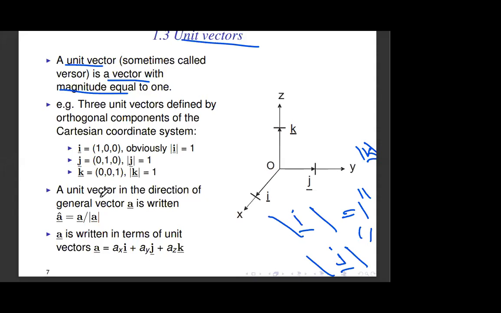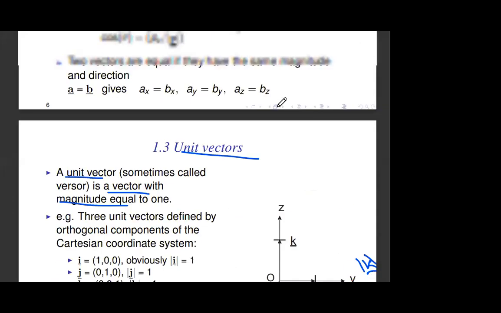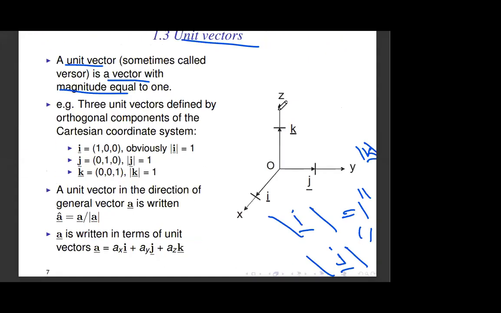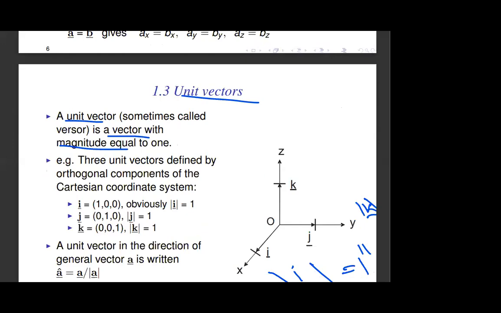So you know how to find unit vectors for a given vector A. How do you find a unit vector of A? A could be 2-dimensional or n-dimensional, right?